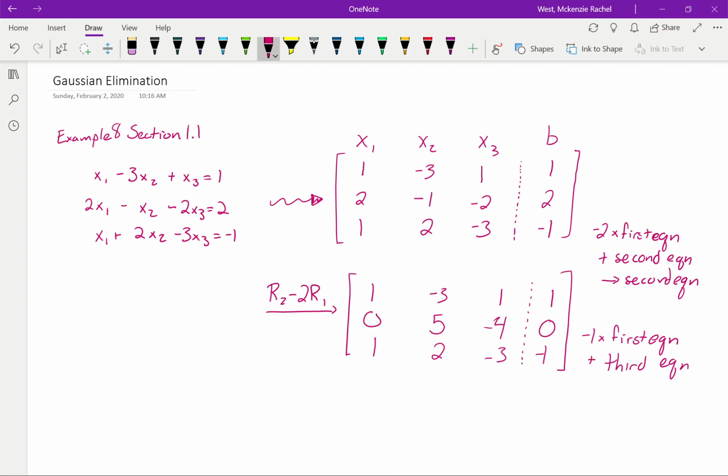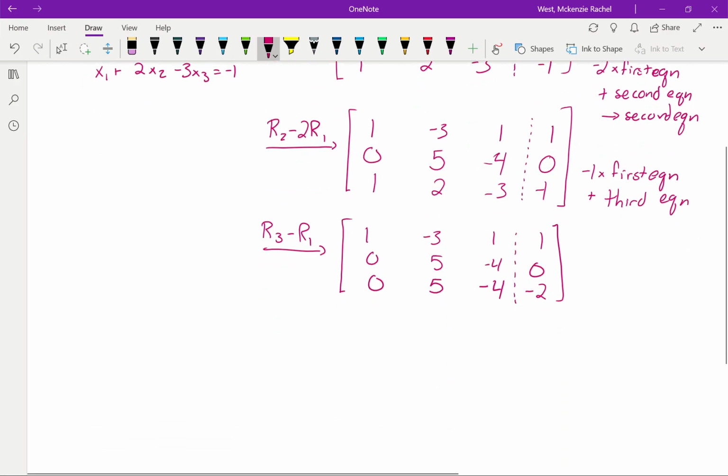So again we do R3 minus R1. Row 3 minus row 1. 0, 5 minus 4, 0, 0. 2 minus negative 3 is going to give us a 5. Minus 3 minus 1 will give us a negative 4. And a minus 1 will give us a negative 2.